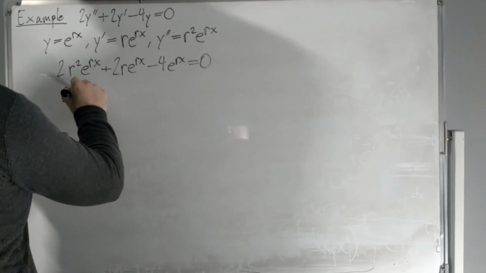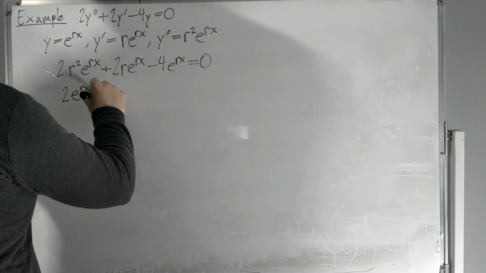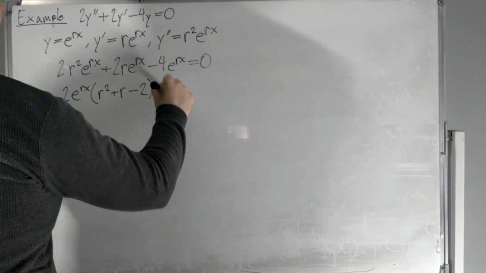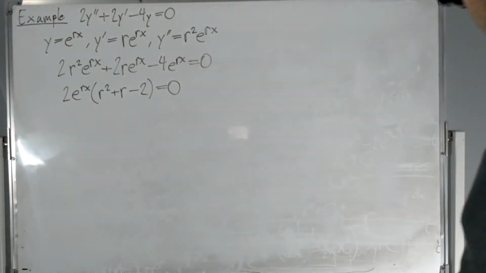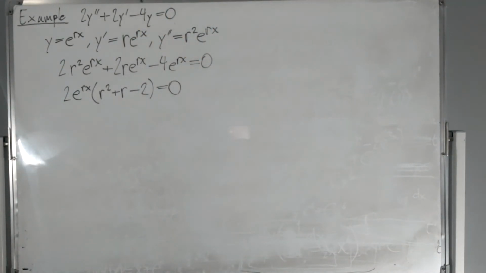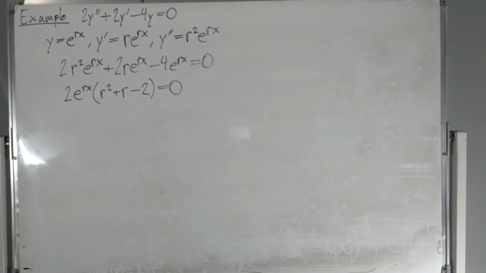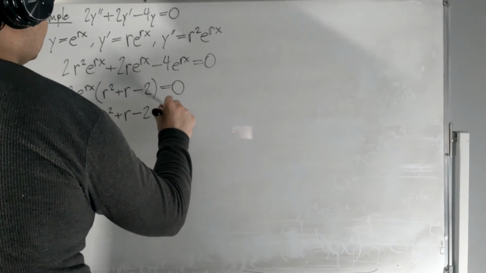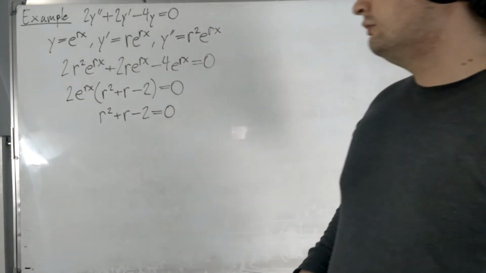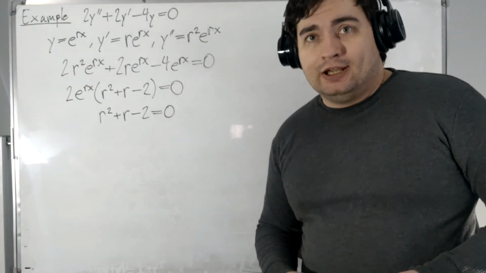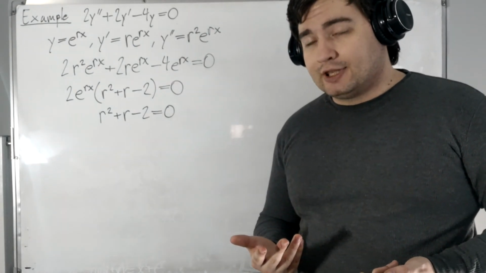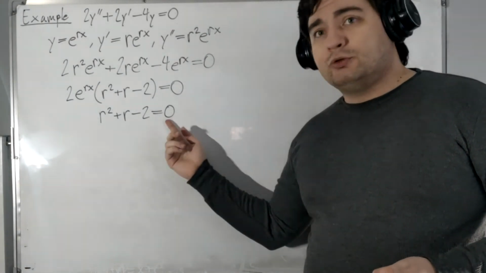So we get 2 e to the rx times (r squared plus r minus 2) equals 0. And then that gives us the characteristic equation, r squared plus r minus 2 equals 0. So what this is saying is that if you have a solution of the form e to the rx, then r has to satisfy this quadratic equation.